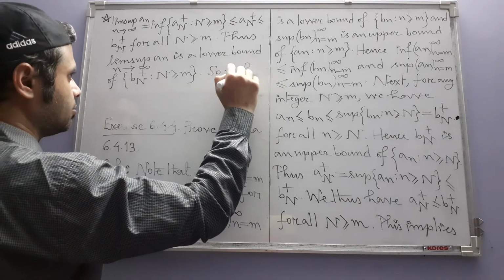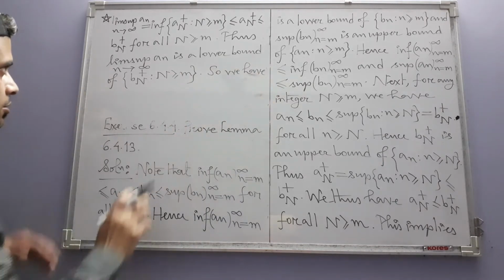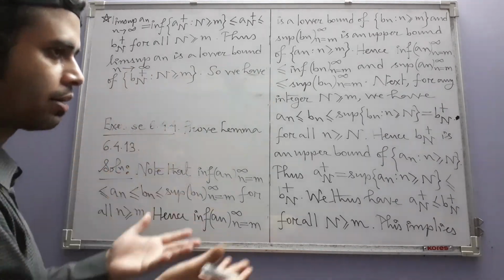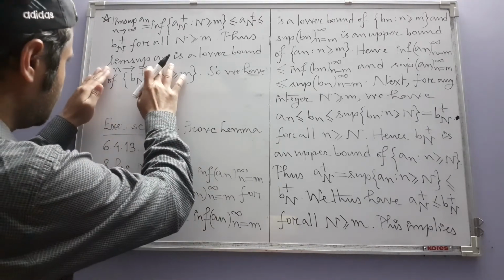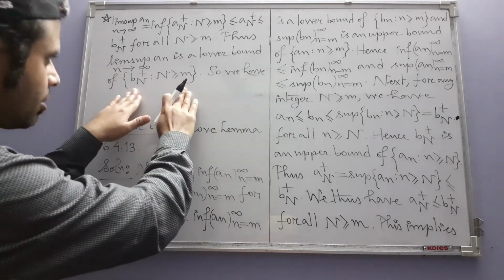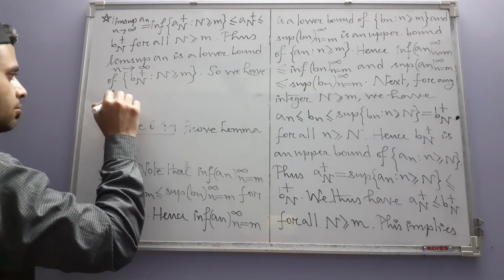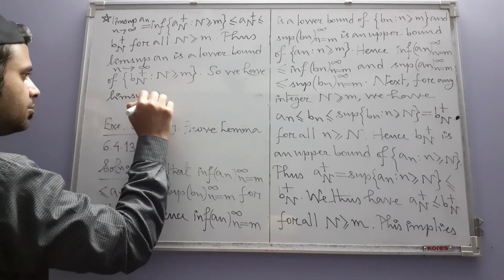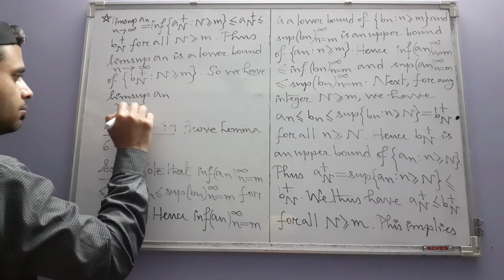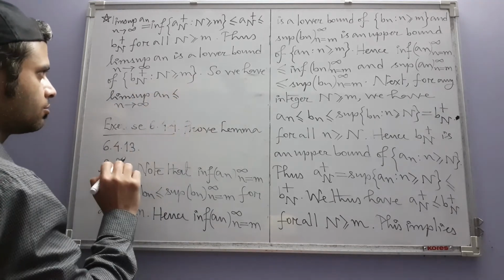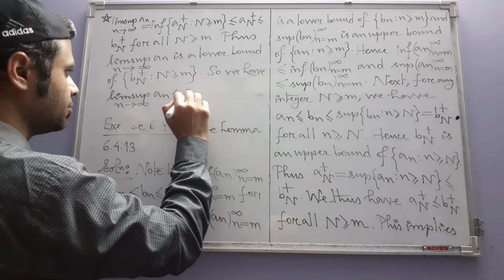So this is one lower bound. This will be less than or equal to the greatest lower bound of this set. So we have limit superior of a_n less than or equal to the greatest lower bound, meaning infimum.